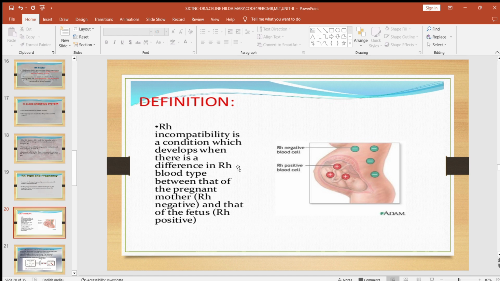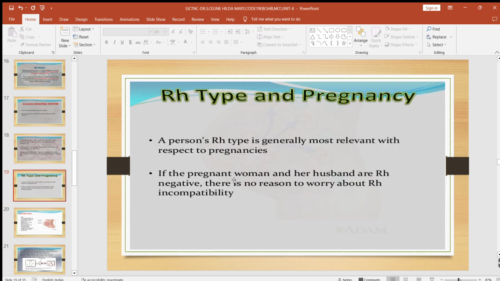But if a pregnant woman carries the RH negative blood group and the father has the RH positive blood group, that leads to RH incompatibility after the first delivery, that is during the second pregnancy, which leads to complications, that is destruction of the fetus's red blood cells, leading to hemolytic disease.